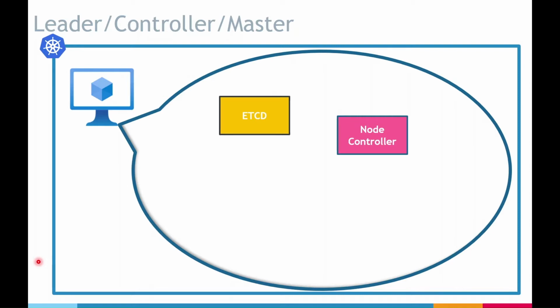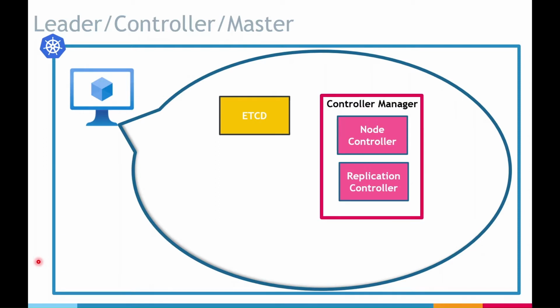Next is the replication controller. This is quite similar to the node controller, it's just that its job is to manage the replicas of a particular container. Now both the components together get clubbed and are managed with the help of a controller manager.